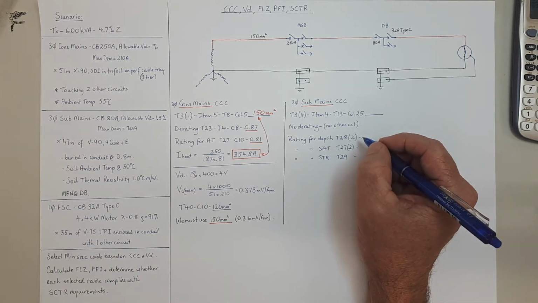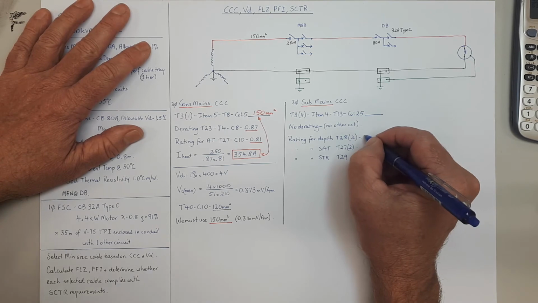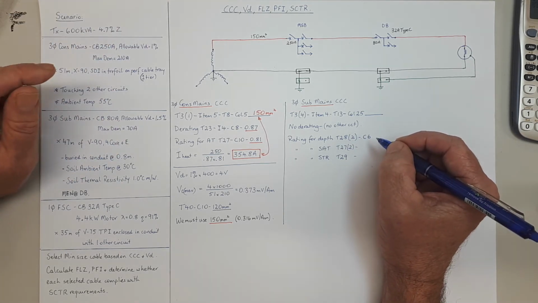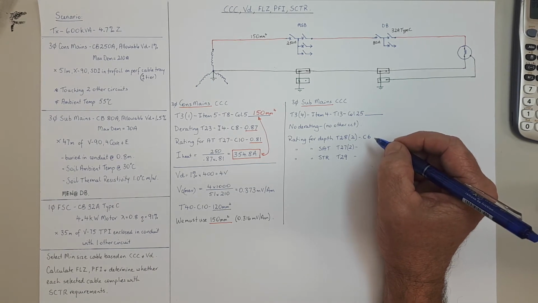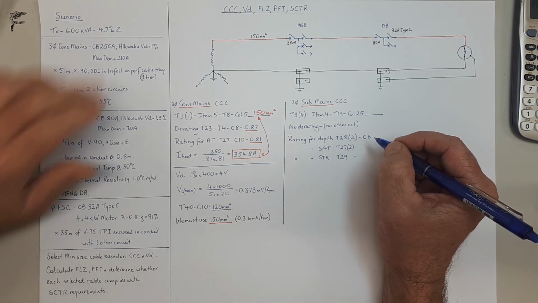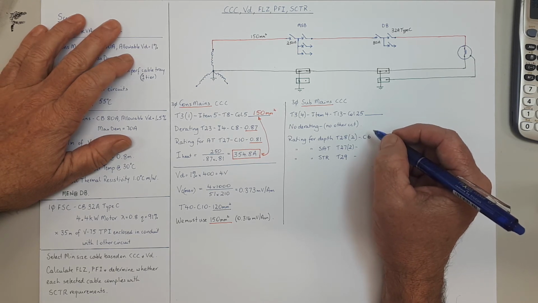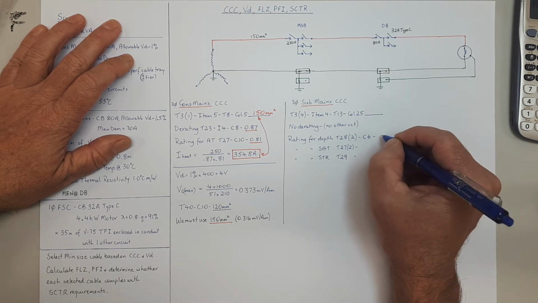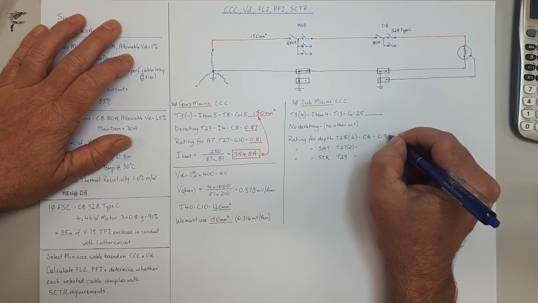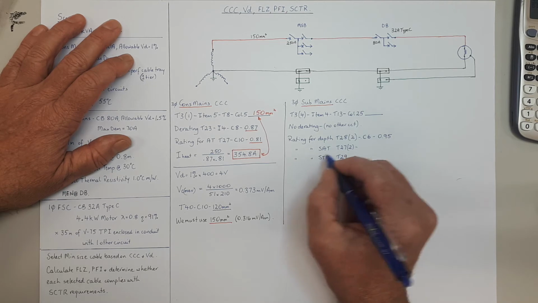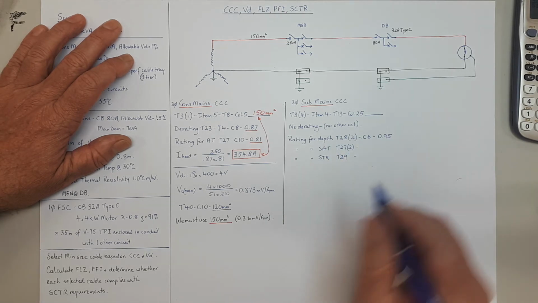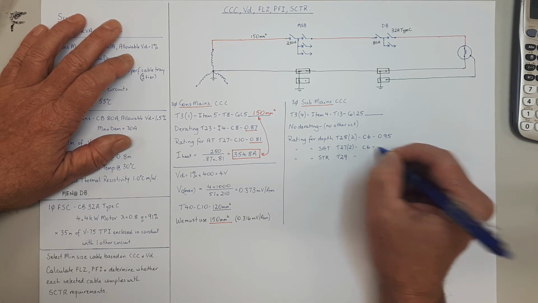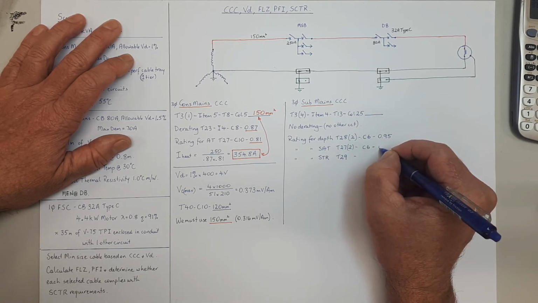And if we're on table 28.2, you'll find it's column 6 because we are multi-core in conduit, and we're at 0.8 depth. So it turns out that that's a derating of 0.95. And soil ambient temperature from table 27 is also column 6, and that comes to 0.95 as well.